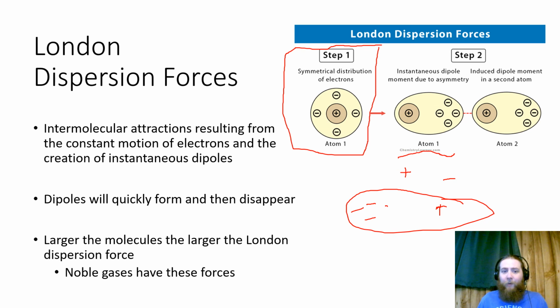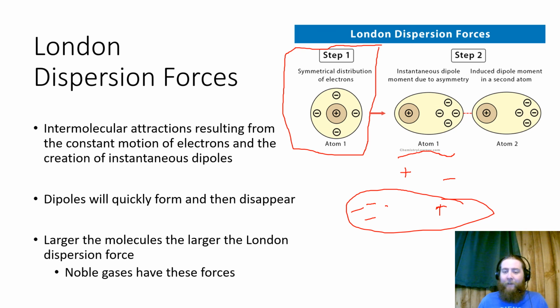The larger the molecule, the larger the dispersion force. It's the difference between an atom that has 4 electrons and an atom that has 92, like uranium. It should have 92 if it's neutrally charged. There's a lot more movement with 92 electrons than there is with 4. And they're a lot further away from the nucleus, so they have a little bit less of that positive force pulling on them.